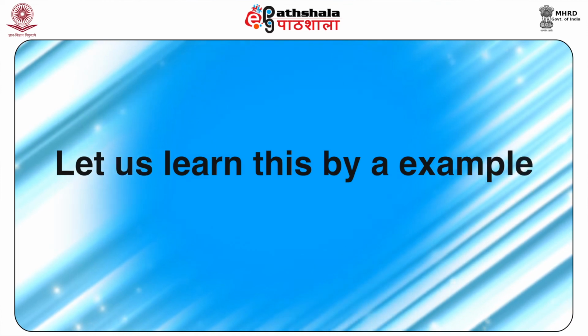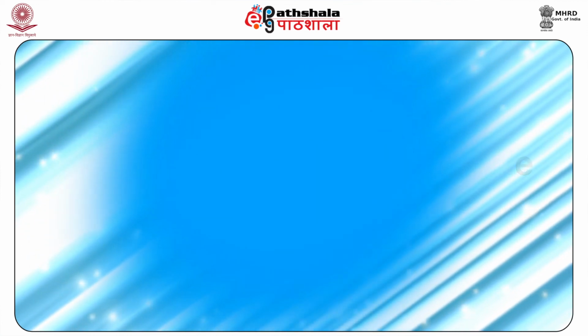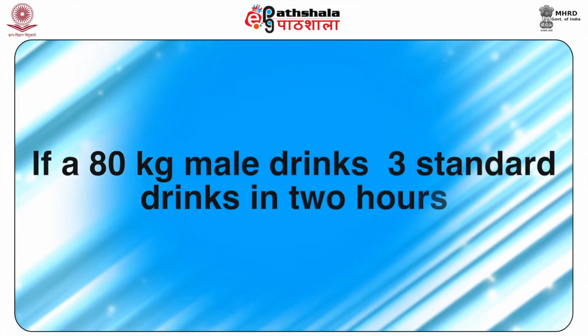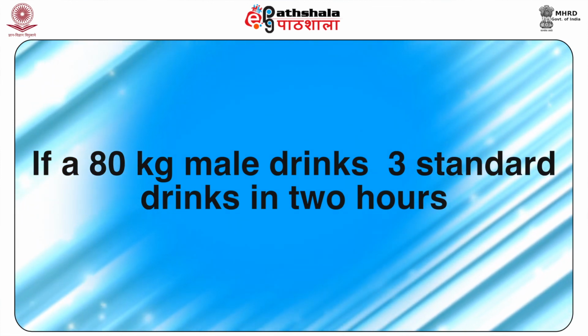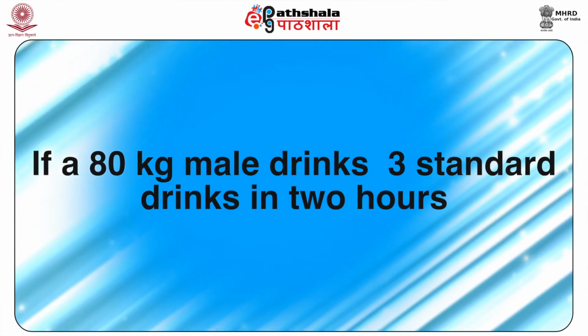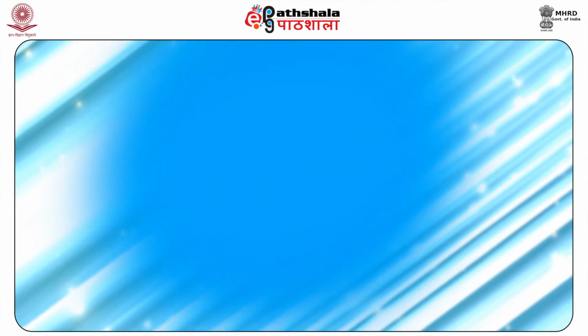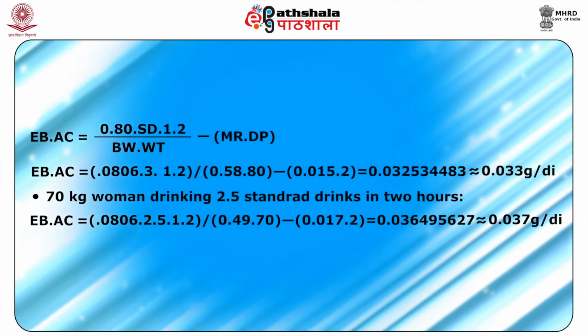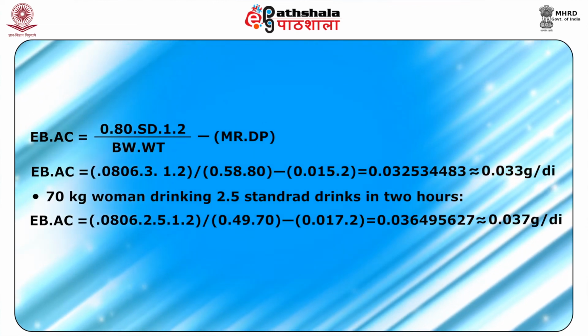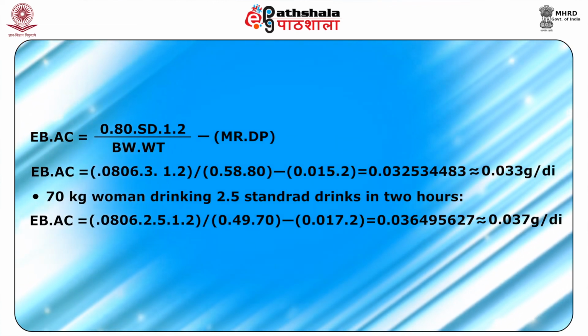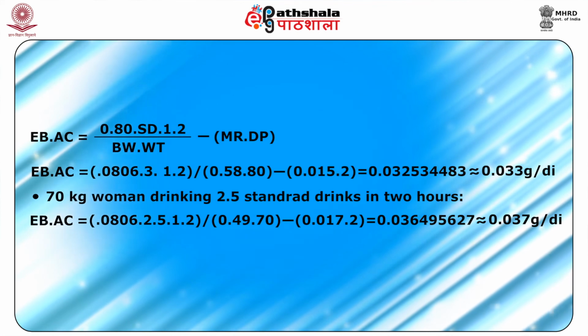Let us learn this by an example. If an 80 kg male drinks 3 standard drinks in 2 hours, then by using the formula of EBAC, the value can be calculated in grams per deciliter.